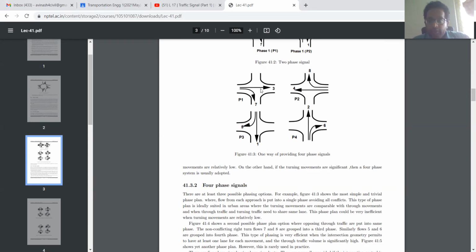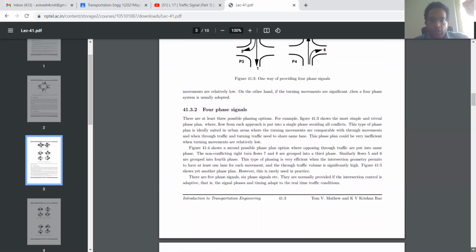The straight movement is denoted by traffic 3 and the turning movement is denoted by traffic 7. So both these traffic originate from the same phase. Similarly, in this case also, the traffic originates from this phase and a straight movement as well as a turning movement is provided. Observe all these four figures, you can identify that the traffic movement is originating from a single phase. This is one possible phase plan for a four-phase signal.